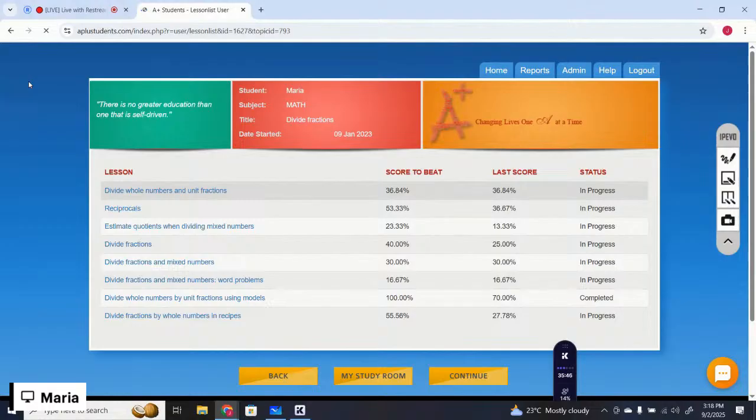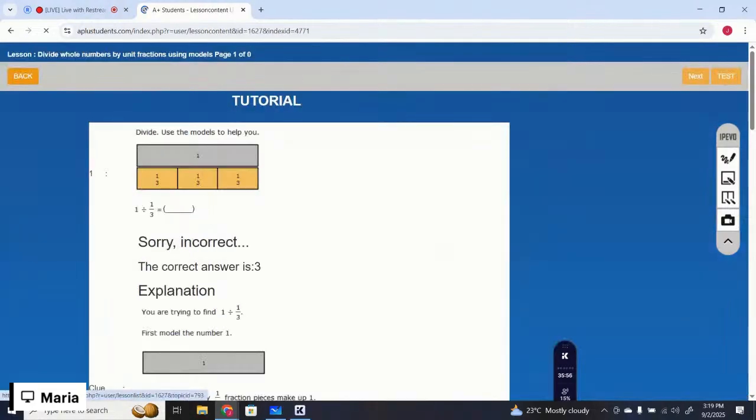Divide fractions and mixed numbers. What problems do you have? To start with the lesson, that is divide whole numbers. Divide. Use the model to help you. 1 divided by 1 by 3.